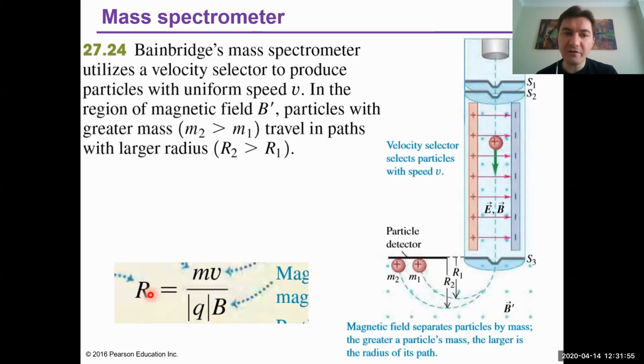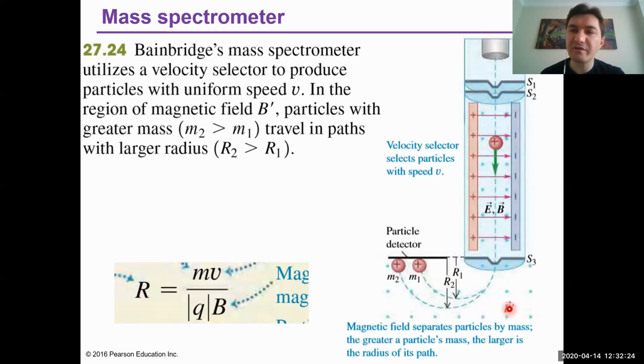So this radius here is given by the mass of the particle, velocity of the particle, charge of the particle, and magnetic field. The magnetic field is constant for all particles here. And charge, let's consider that they have the same charge. This is also constant. Let's consider that they have the same velocity. And only we have different masses.